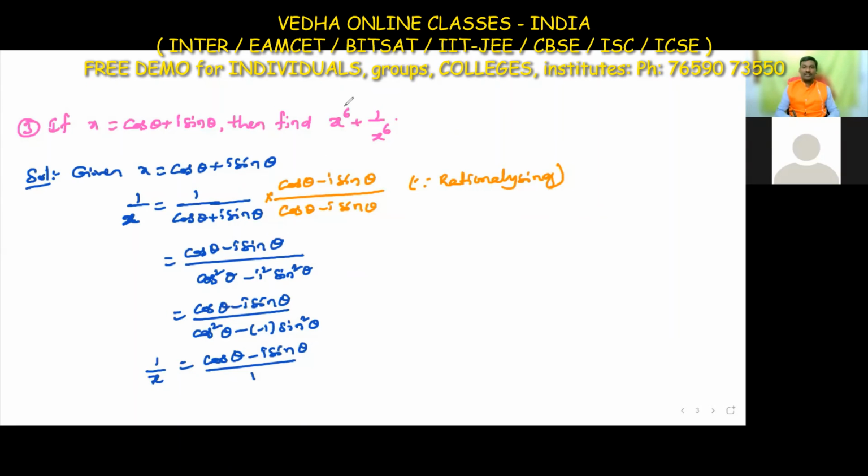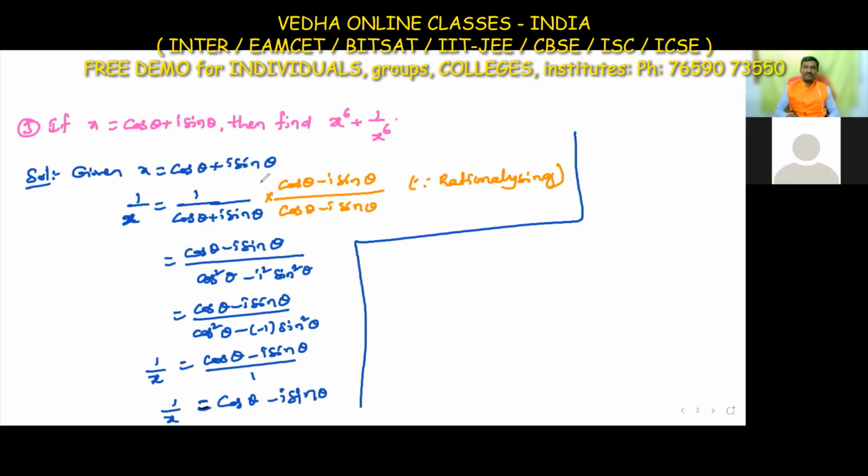What is the question here now? The question is x power 6 plus 1 by x power 6. Finally we are getting the 1 by x value as cos theta minus I sin theta. Either you can write directly, or it is better to simplify here.